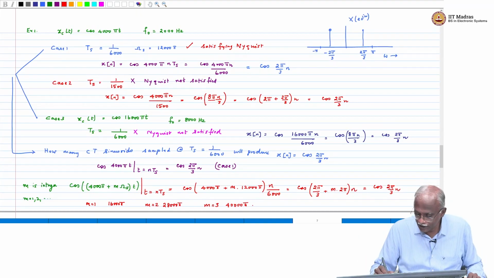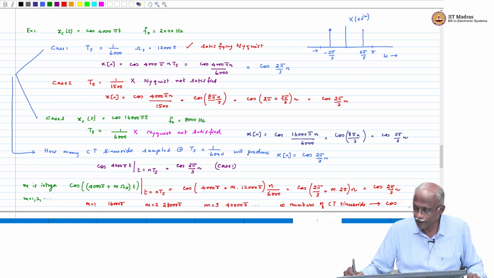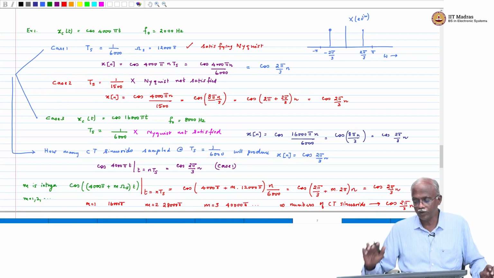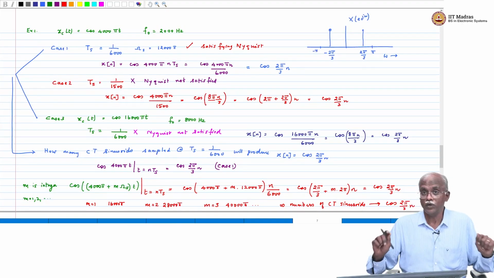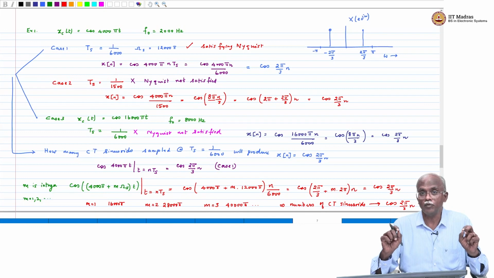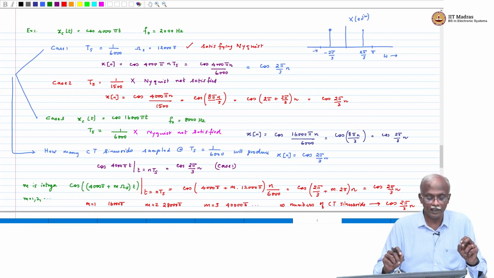So if this is the case, then you have an infinite number of continuous time sinusoids which will produce for you cosine 2 pi by 3 n when you sample at a sampling rate of 6000 hertz. Okay. Now, here is the most important principle that you must keep in mind.